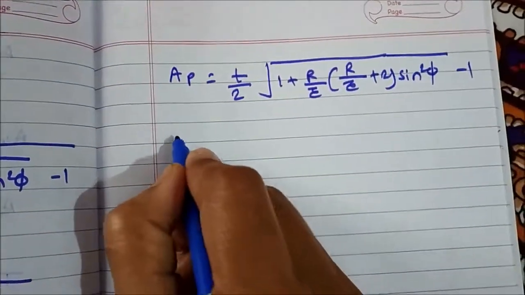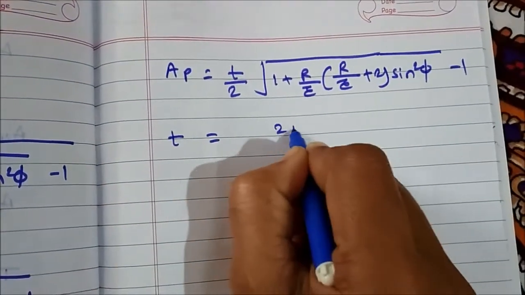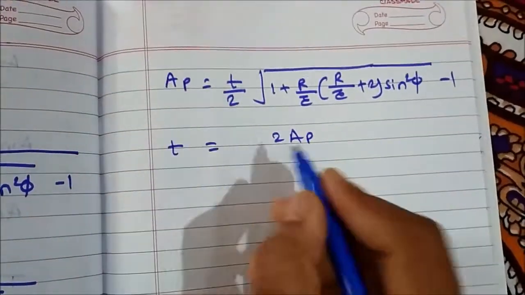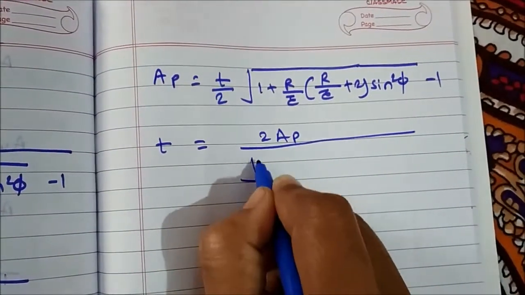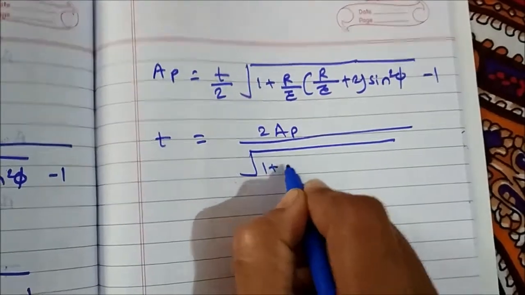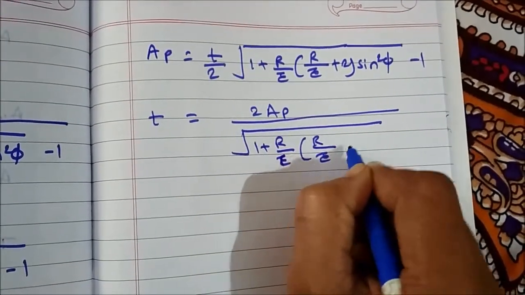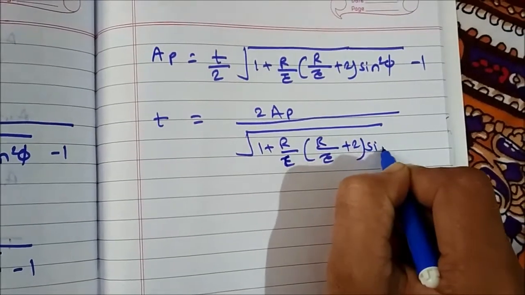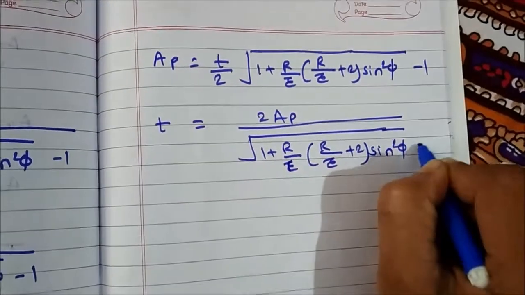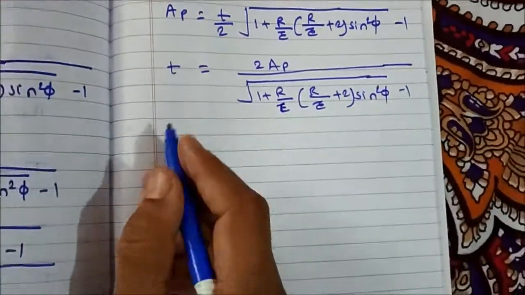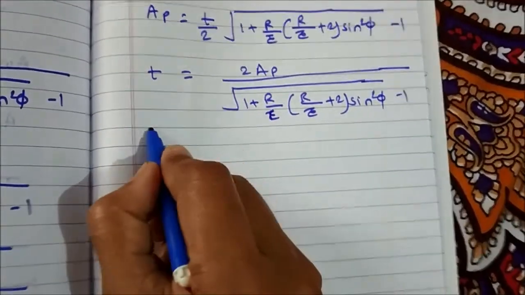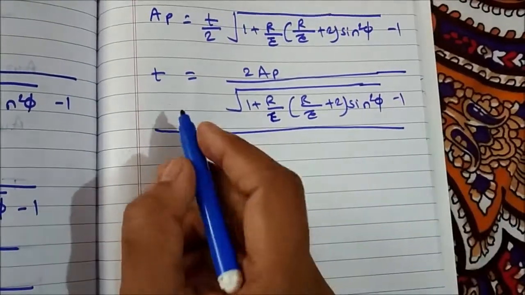So small t is equal to 2AP. Let's take this term here, and this term is going to division. Okay, so this is the equation for minimum number of teeth in order to avoid the interference for the pinion.